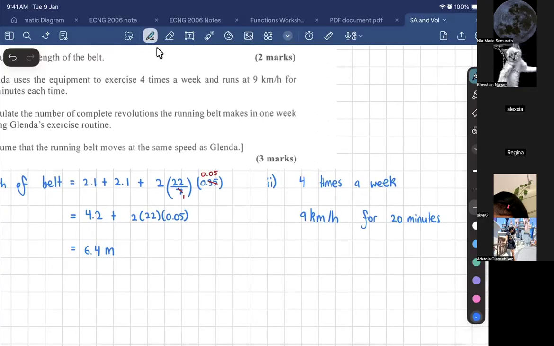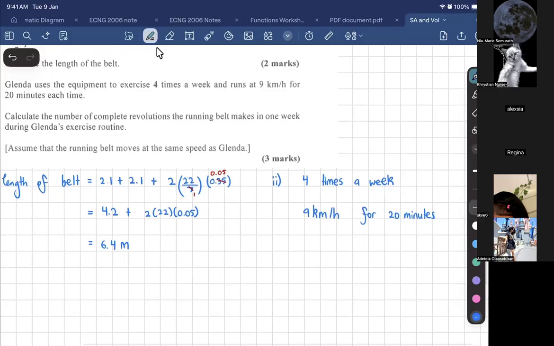And they want us to calculate the number of complete revolutions around the running belt in 1 week. No problem. So Samir, do we know what the entire length of the belt is? Yes. So one entire revolution would mean that she covered how much distance? 6.4 meters. Great.